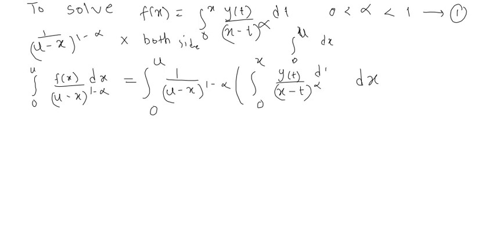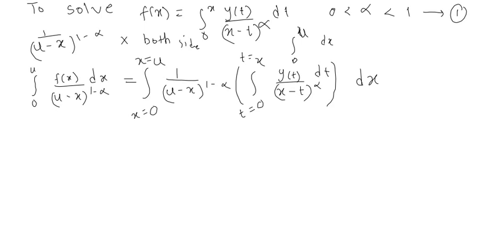Now you see here, 0 to x are the limits of which variable? Of the variable t. T is going from 0 to x, and 0 to u are the limits of which variable? X. So x is going from 0 to u.